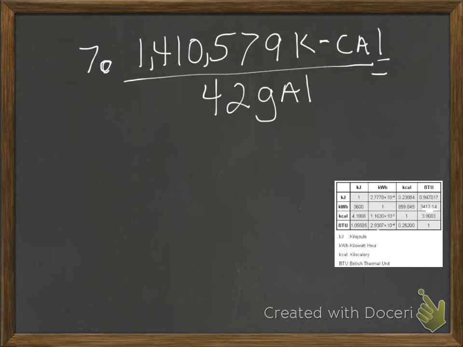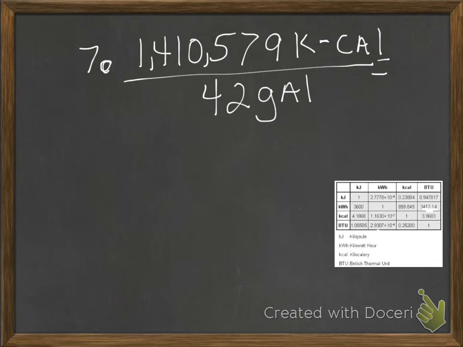Okay, question 7 asks you how many kilocalories are in 1 gallon of oil, and on the chart they give you a set for a barrel of oil, and so you want to find out a singular gallon. To do that, you're going to take the number in kilocalories from the chart, which was 1,410,579 kcals, and you're going to divide that by the 42 gallons, which are in the barrel.